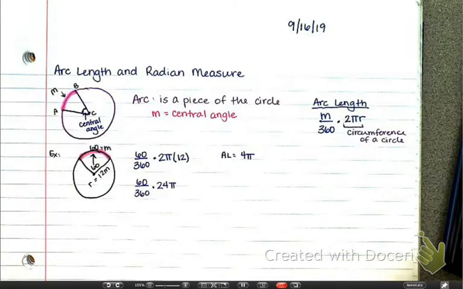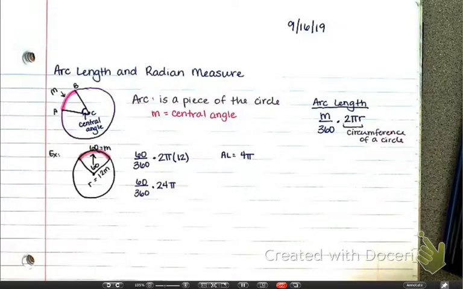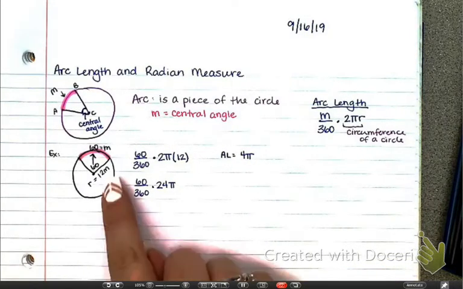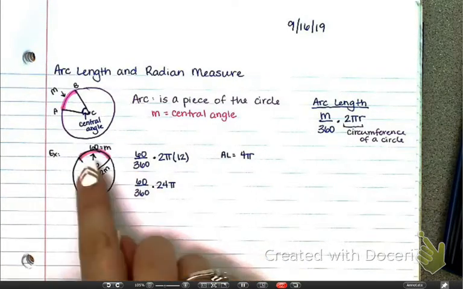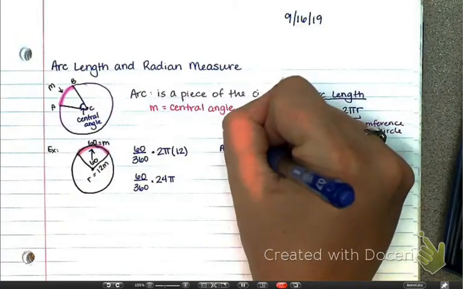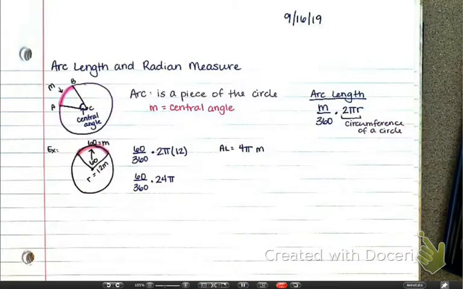What's circumference? What would my units for circumference be? Wouldn't it be meters for circumference? This is the same thing. It's just a piece of that. So it's 4 pi meters.